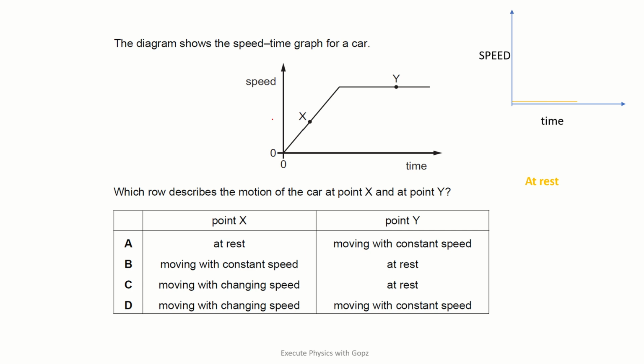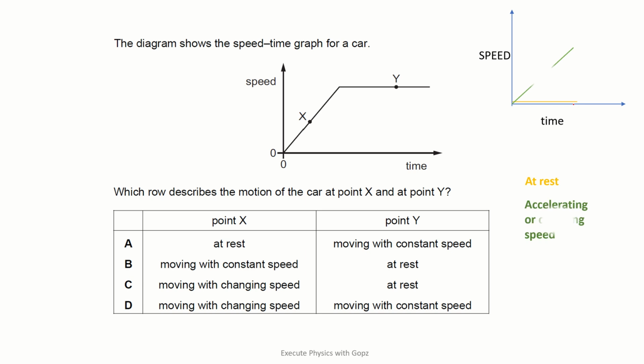The speed will be zero, the speedometer will not show anything. So it will be a horizontal line on 0. Actually there is a small gap over here which should not happen. This is just to make you understand, it should be over 0. Okay, if an object is at rest.